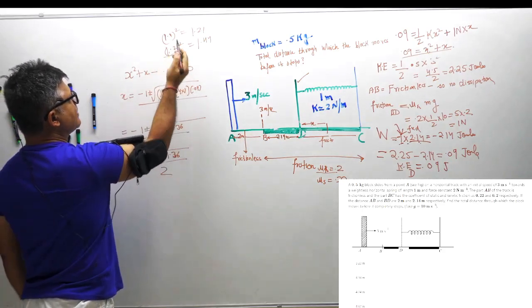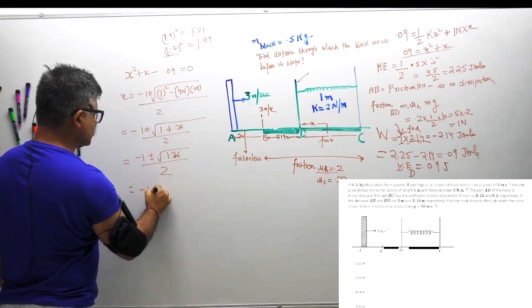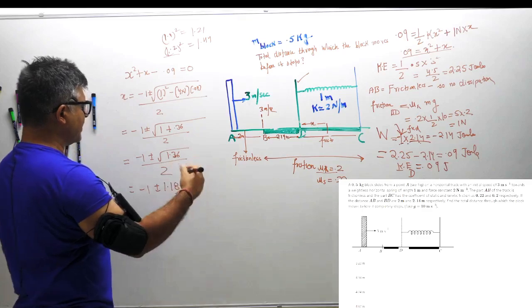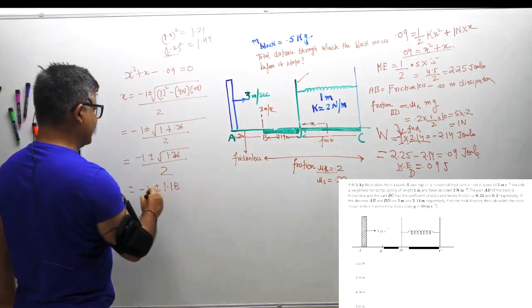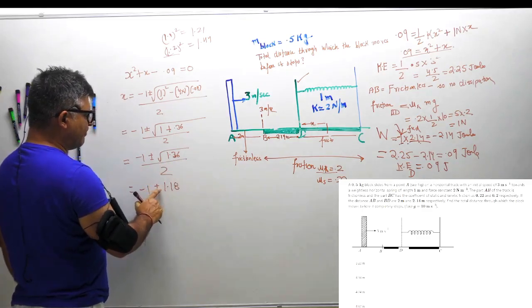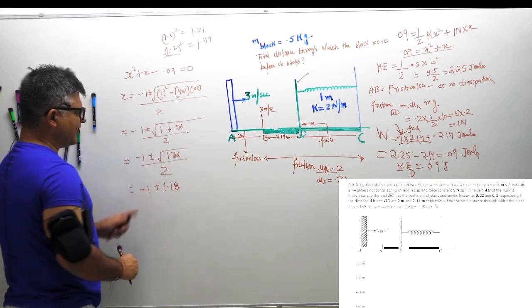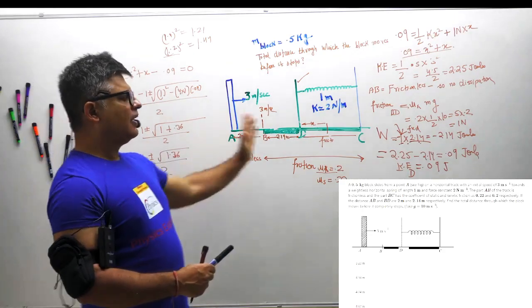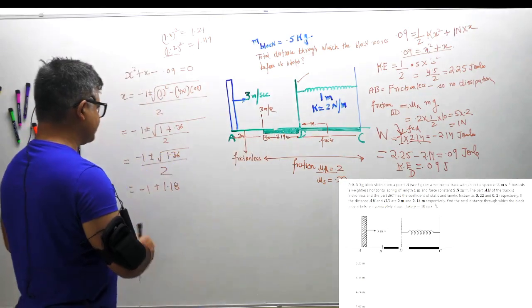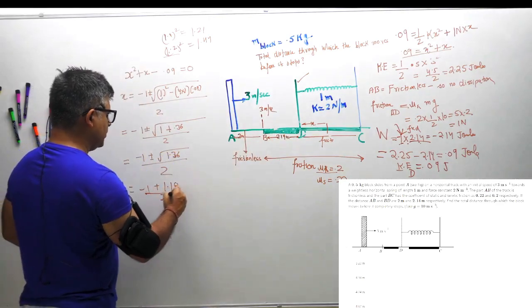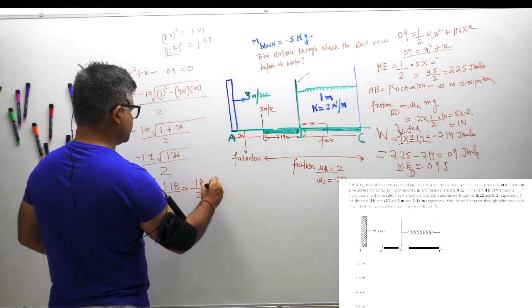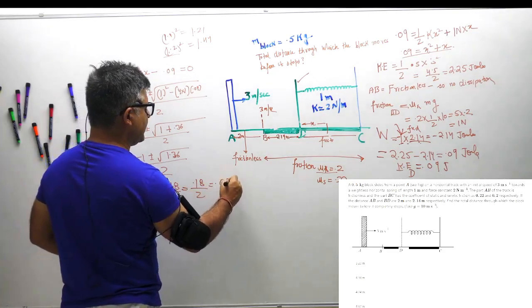So let's say it's minus 1 plus minus 1.18 maybe, right? Somewhere. It's an approximation technique, right? So I will not use the minus sign, because if I use the minus sign, my whole x will become negative, which is not possible. I have moved through some distance. Divided by 2 is equal to 0.18 divided by 2 is equal to roughly 0.09 meters.